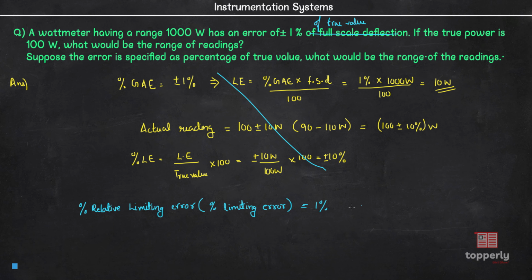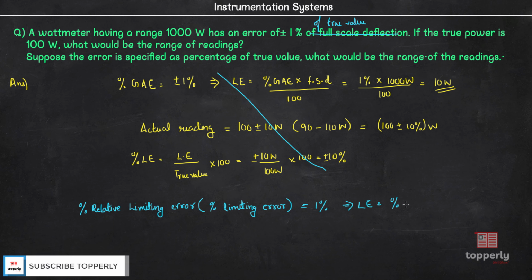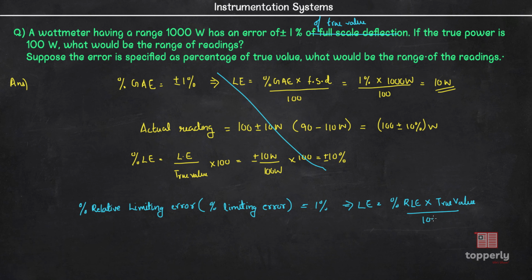So here limiting error will be percentage relative limiting error into true value by 100, which is equal to 1% into true value, 100 watt, by 100, which is equal to plus or minus 1 watt.